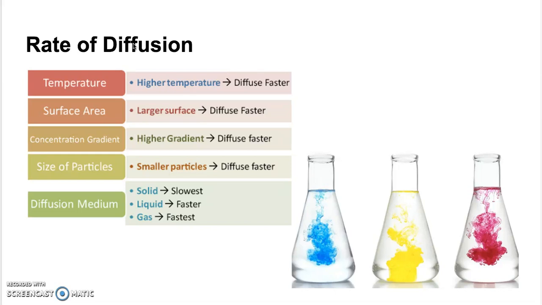The second thing that affects the rate of diffusion is the amount of surface area. The larger surface area compared to volume ratio will allow for a faster rate of diffusion. This is what controls the size of cells, and we'll do a bunch of calculations that show mathematically why cells don't get larger than we see them.